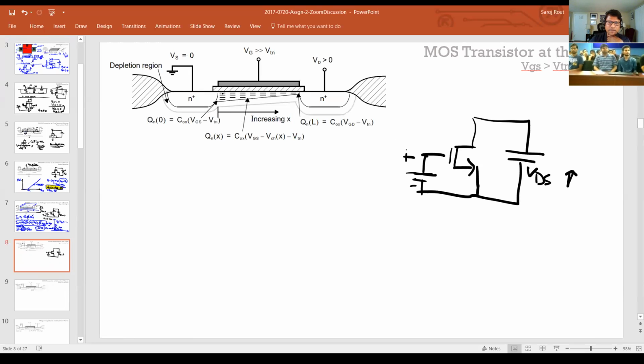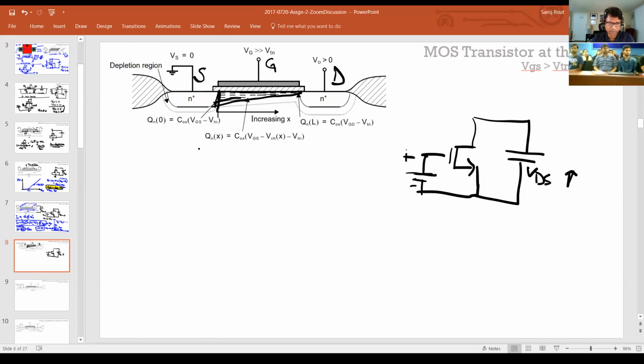Now what happens is this channel density, which was pretty much uniform before, will start tapering like this. So the way this is biased, obviously this is your source, this is your drain, and that's your gate. The source side will have the maximum channel density and the drain side will have the least channel density.